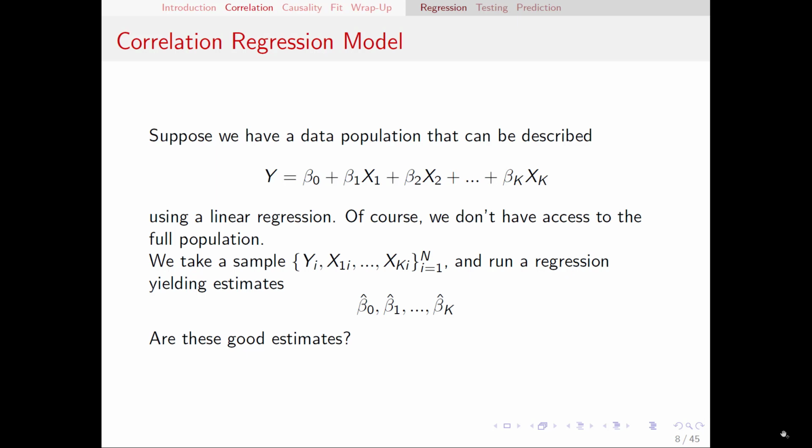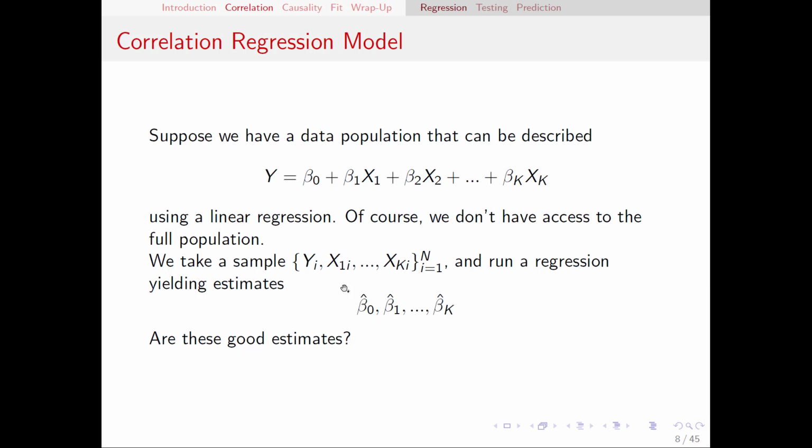As before, we're going to have a sample of size n, and for each observation in the sample, we have a value for our dependent variable y. We'll call that yi for observation i, but then we're also going to have an x1, an x2, an x3, all the way out to xk, k being our total number of variables.